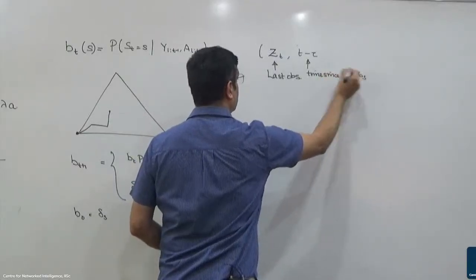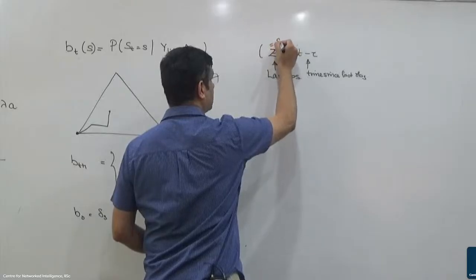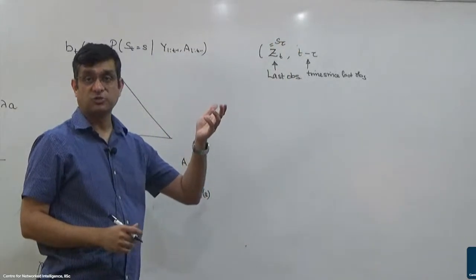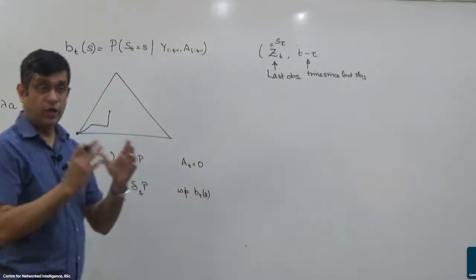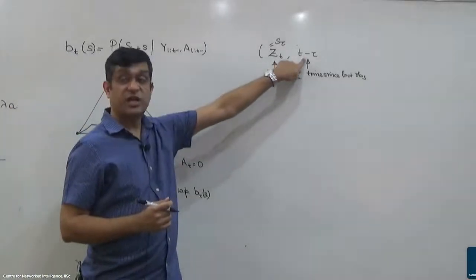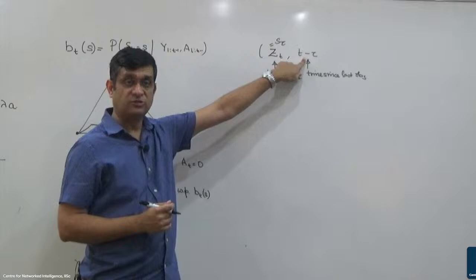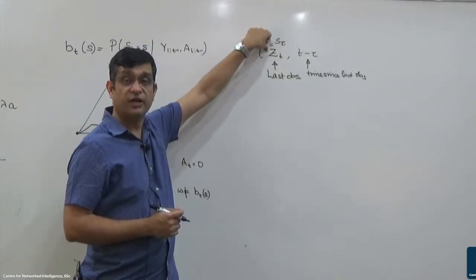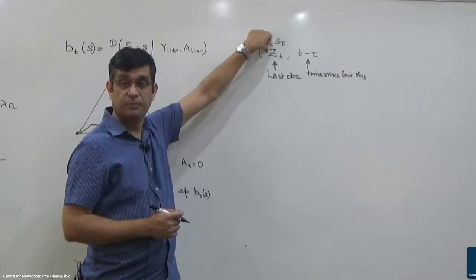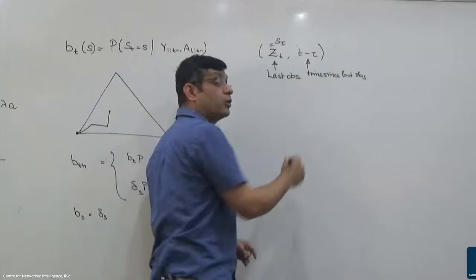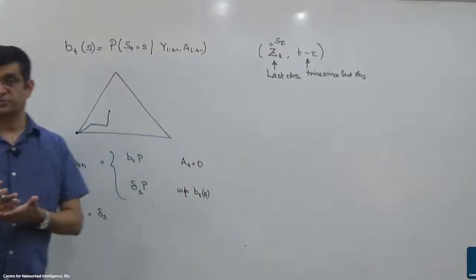And this ZT would be equal to the state that I observed at the time tau, if tau was the time at which I took the last observation. Okay. So in order to compute the belief, it's sufficient for me to know how much time has elapsed since I took the last observation, and what was the value of the state that I observed when I took the last observation. And I should be able to write down a dynamic program in terms of these objects.